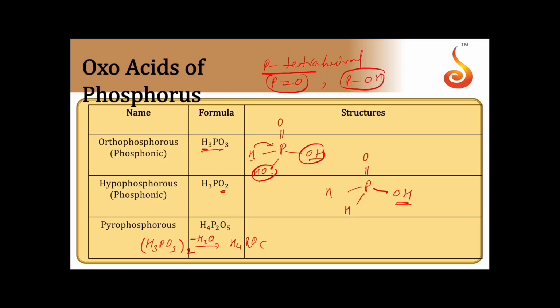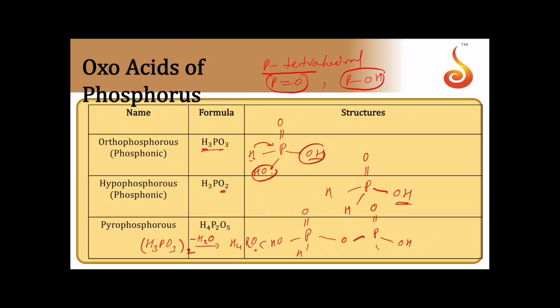Let us see the structure. There are two P atoms, each with one double bond O, and each P must definitely have one OH group. With this we are left with only one oxygen atom, so the two P atoms are bonded through this oxygen atom. And still we have two hydrogens left here.